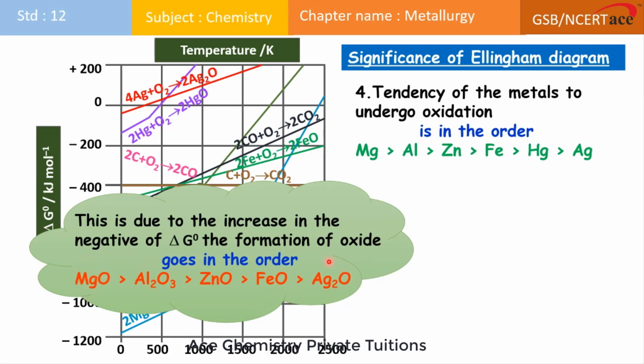MgO, and the highest value is given for what? Silver oxide. So for lower value the oxide will be stable, and for the higher value the oxide will not be stable. For the higher stable oxide, the metal will be more reactive and it is difficult to remove oxygen, means reduction is difficult. And for higher value of delta G naught, it is easy to reduce the metal.